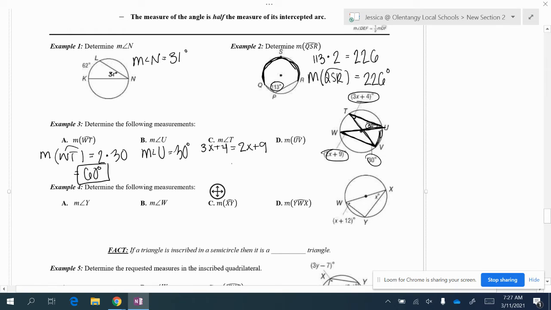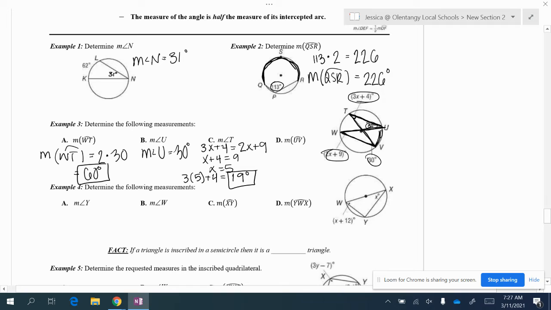Solving that, subtract 2x over, I get x plus 4 is equal to 9. Subtract 4, I get x is 5. Measure of angle T is 3x plus 4, so 3 times 5 plus 4 is 19 degrees.